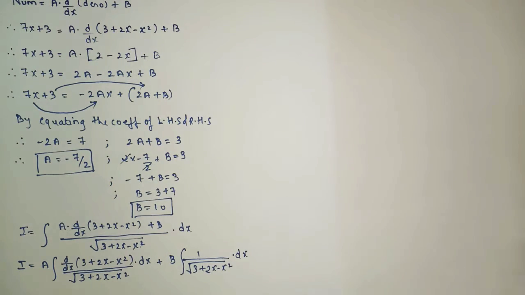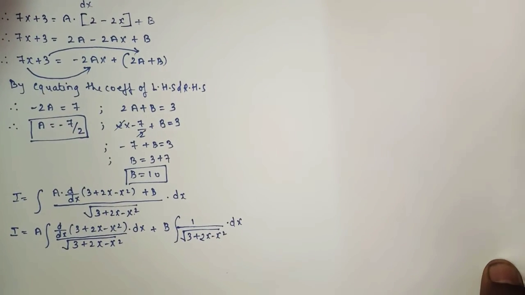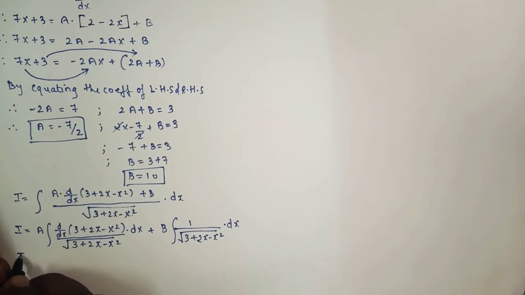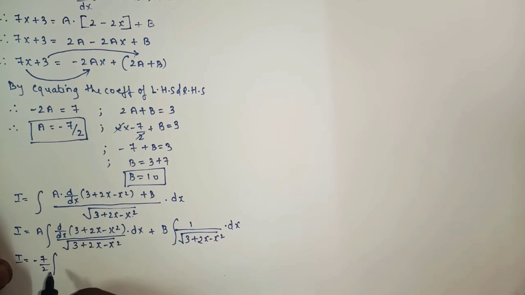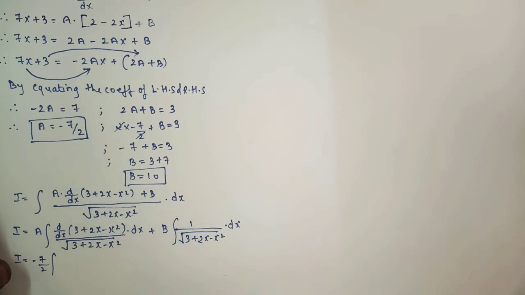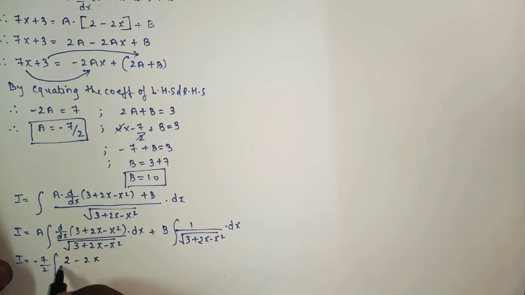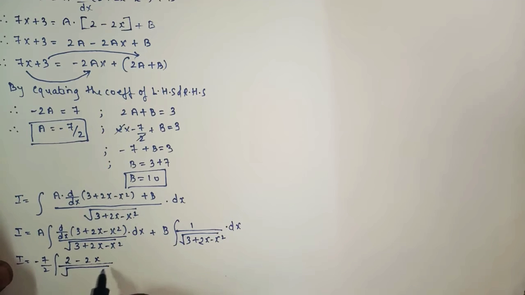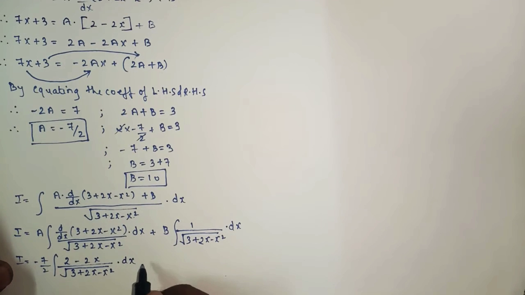Okay, after that we'll put the value of a and b. Here a is what, minus 7 by 2, and derivative of this section will be what, 2 minus 2x upon root 3 plus 2x minus x square into dx.